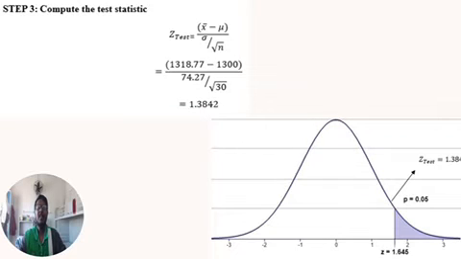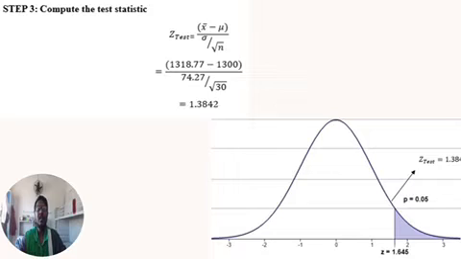Next is step 3, that is compute the test statistic, where we are going to find the z-test and do the drawing of a normal distribution. The z-test has a formula of x bar minus hypothesized mu over the standard deviation divided by square root of n, and placing all the values in the formula, you will get a z-test of 1.3842.